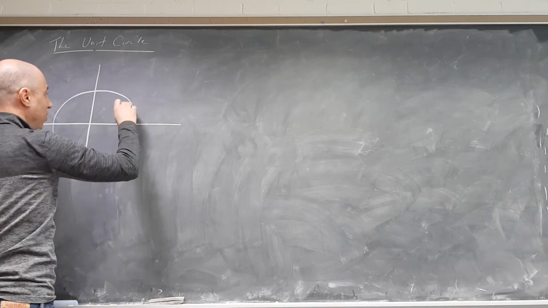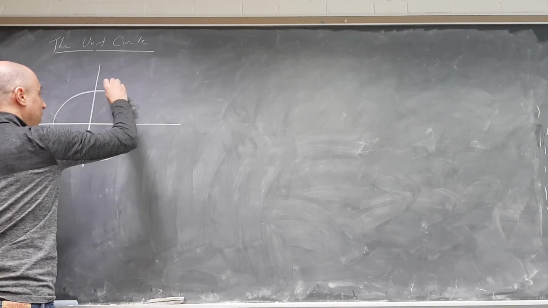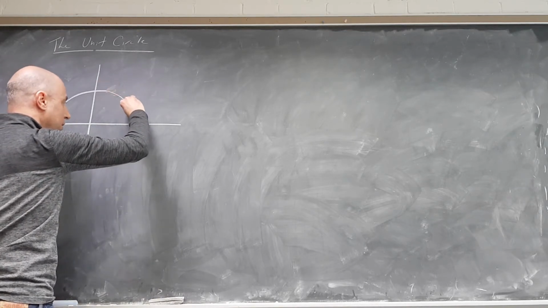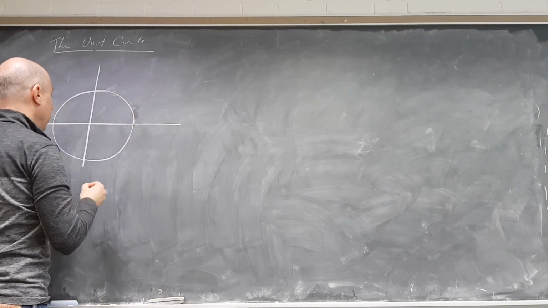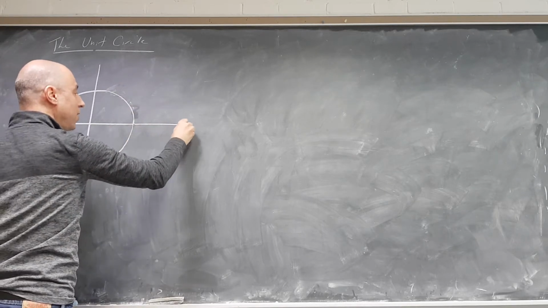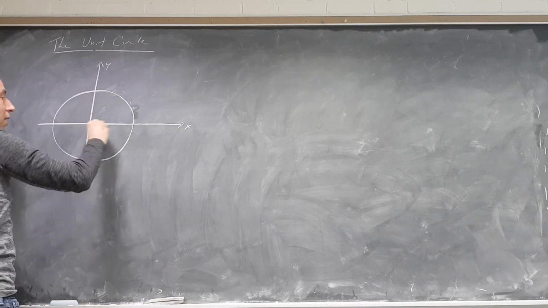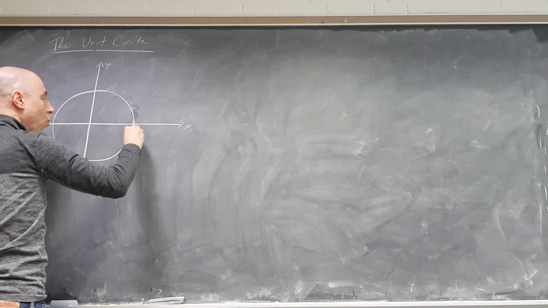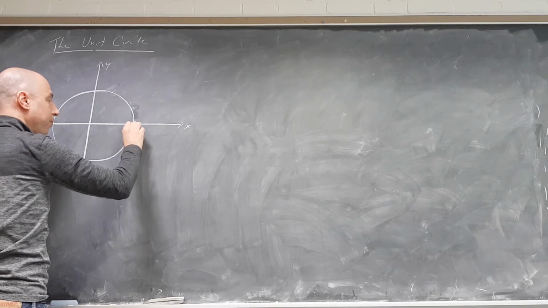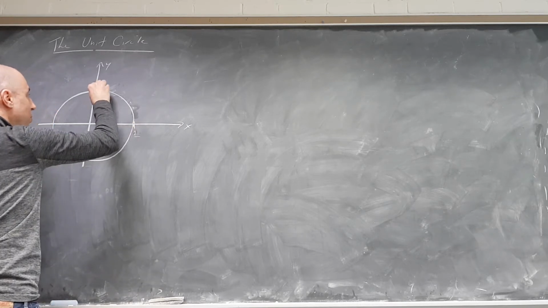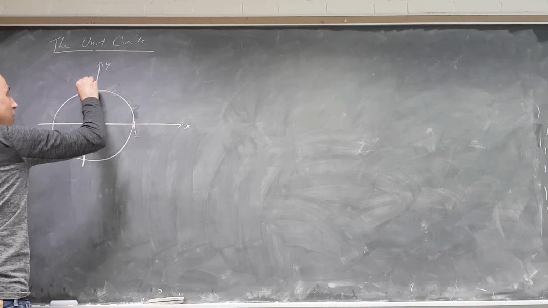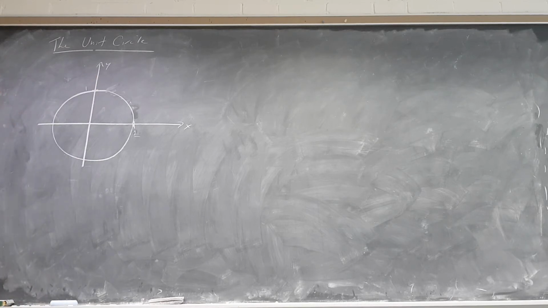And that is supposed to be a circle. I apologize that it looks more like a potato. Close enough. Okay, so here's the x-axis, here's the y-axis, and this is the point 1, 0, and this is the point 0, 1. As we said, this is the unit circle.